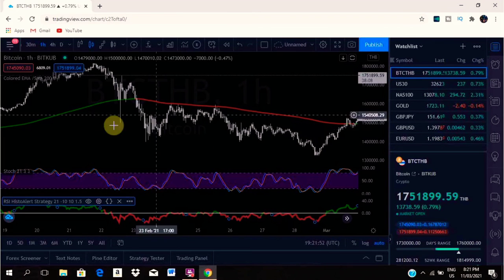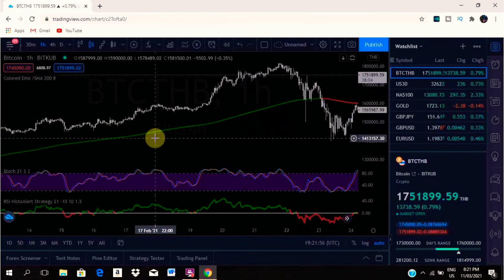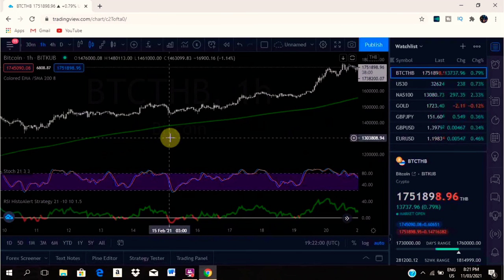So let me give us another example here. As you can see, the overall trend here is a buy, because the market is above the 200 moving average. So the overall trend here is a buy signal. You will only look for a buy signal.